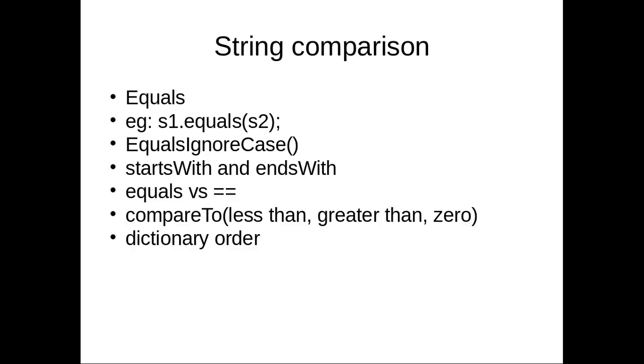Then equals versus double equal to. For string comparison, you can use either equals or the double equal to. But these two are two different things. equals is a method, whereas the double equal to is an operator. s1.equals(s2) means the content of both the strings are compared, and the double equal to operator checks whether s1 and s2 are pointing to the same object.